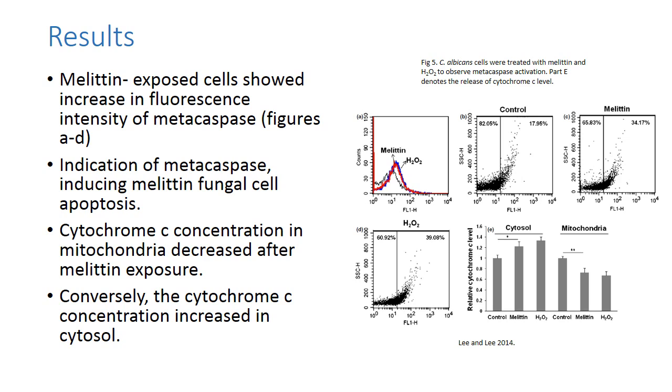Cytochrome C concentration in mitochondria decreased after being exposed to melittin. And also, the cytochrome C concentration increased in the cytosol. And from this figure, we can conclude that cytochrome C is a marker of apoptosis because as apoptosis occurs, cytochrome C is released in higher and higher amounts.